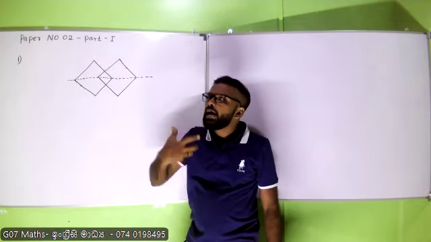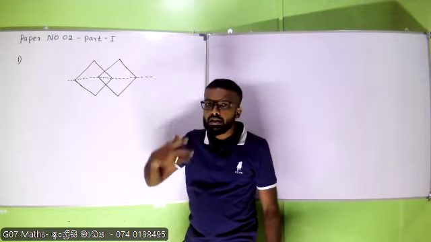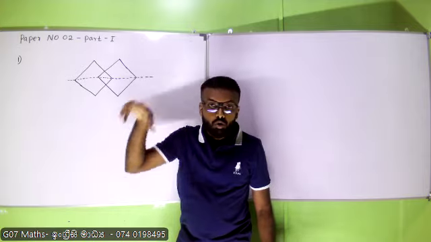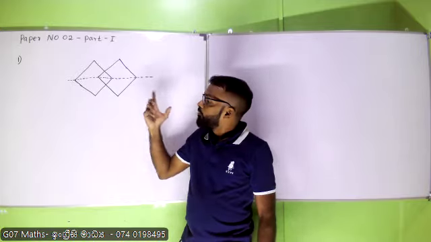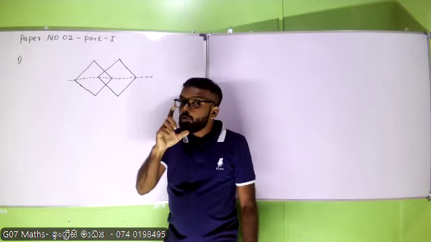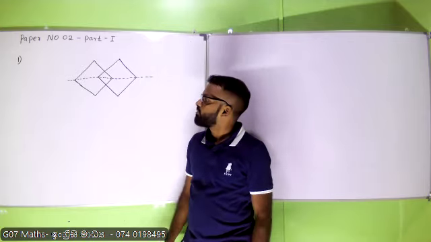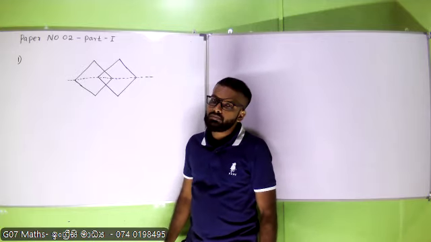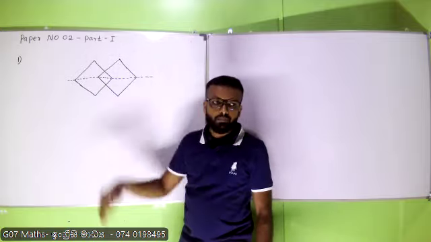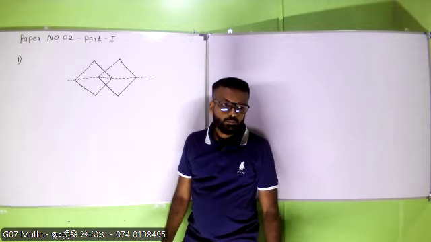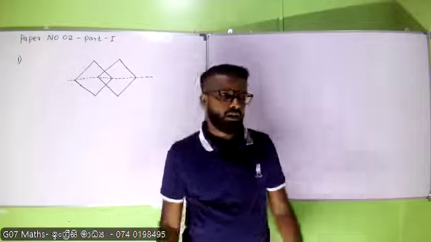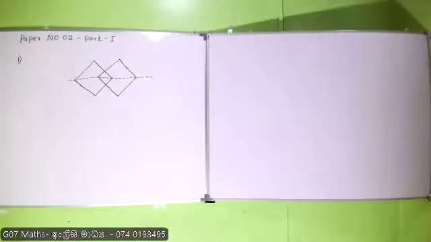Now, is there any other symmetrical axis that you can draw, where you can say there are two equal parts? Can anyone tell me?